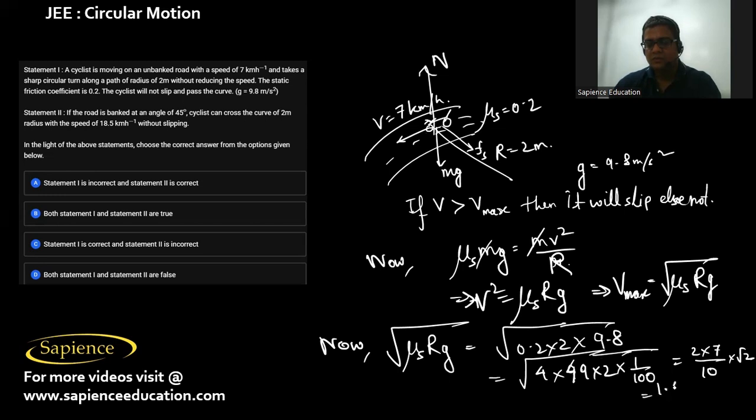This will be 1.4 into root 2. So therefore the maximum safe speed is equal to 1.4 into root 2. So 1.4 into 1.414 approximately, so this will be 1.96 approximately.